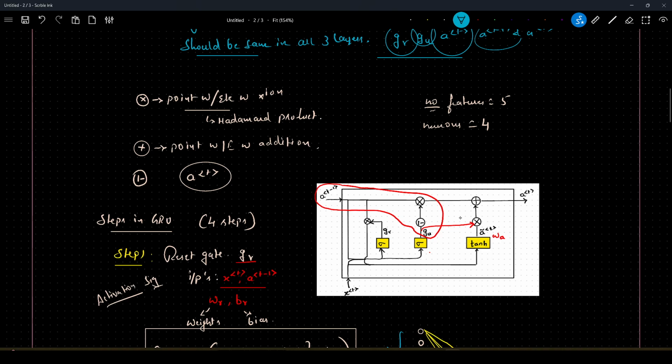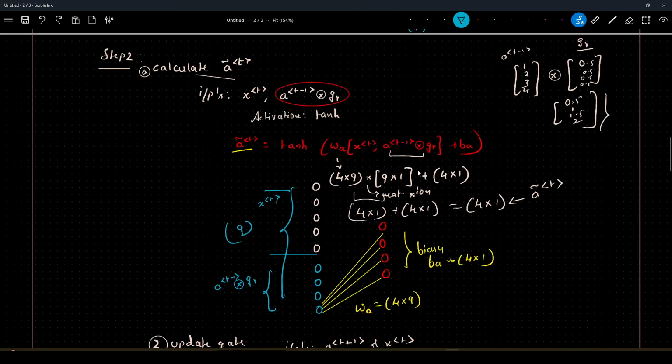Now, we have to consider this part here. Let me just change the color. So, that is GU into A bar T. When I say into, it's pointwise multiplication, right? So, let me just write that.